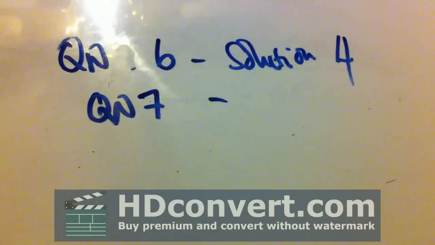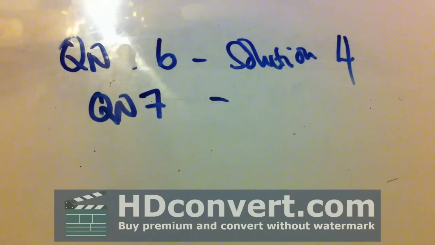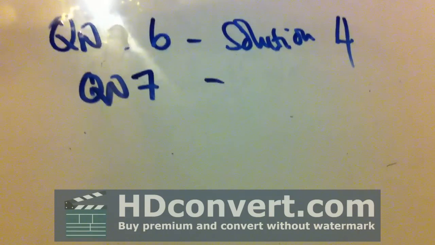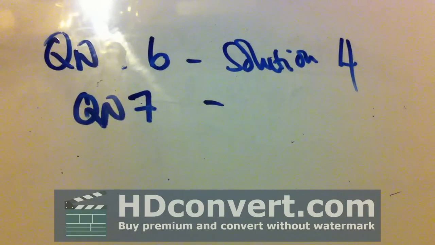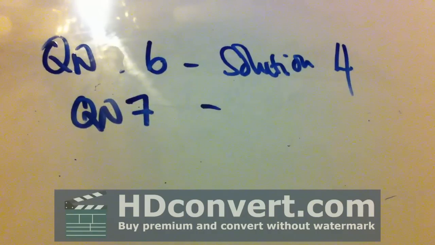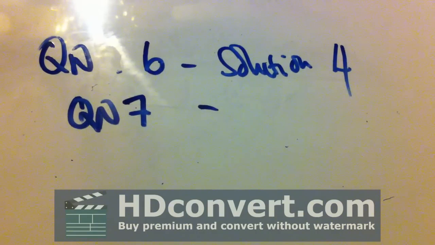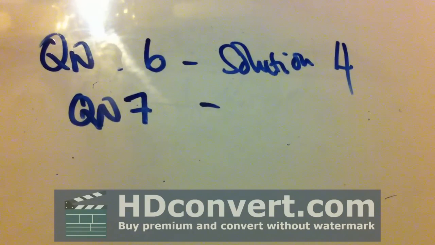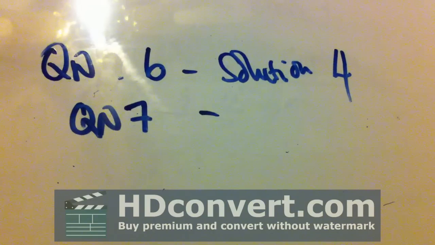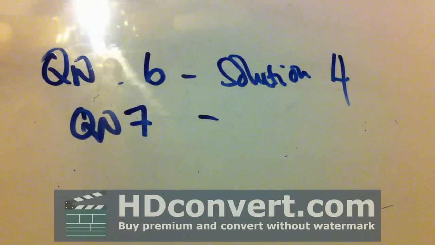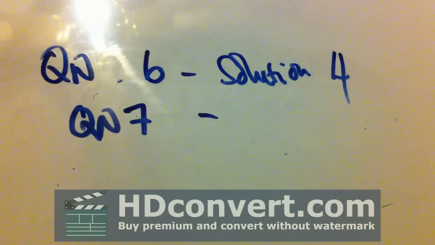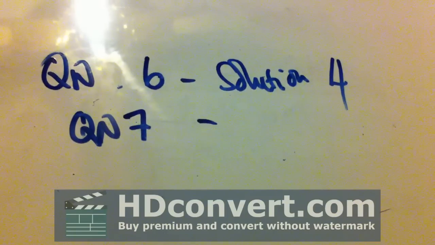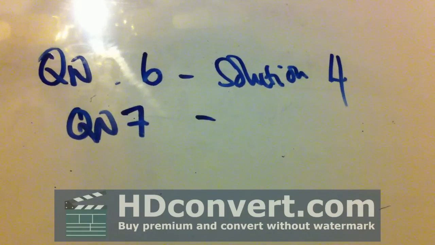So we're what, question 7? We have donations, which is reducing our assets, reducing our equity. So which one is it? Donations, bank. We're reducing our assets by 4,000. We're reducing our equity by 4,000.